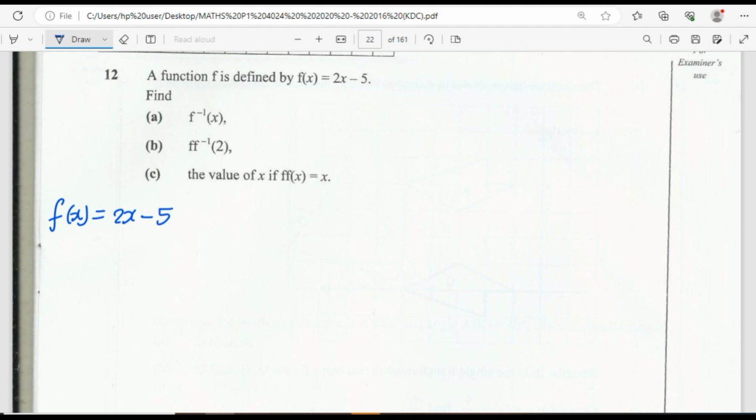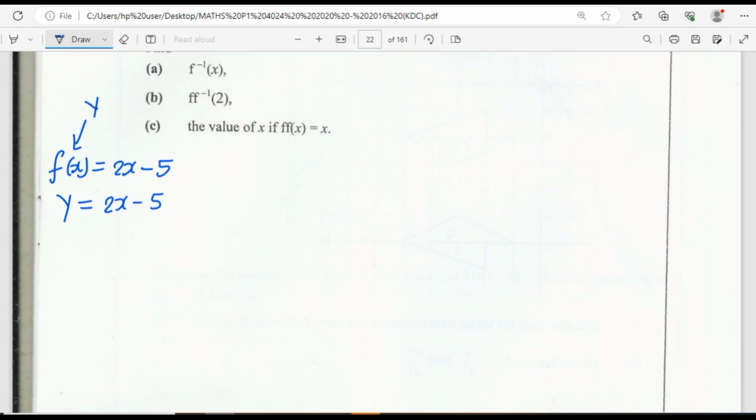Find f inverse. Step number 1, where there is f of x, you replace it with y. So y is equal to 2x minus 5. Then what do you do? Make x the subject of the formula. So the 5 will shift to this side, giving us y plus 5 is equal to 2x, over 2 over 2.